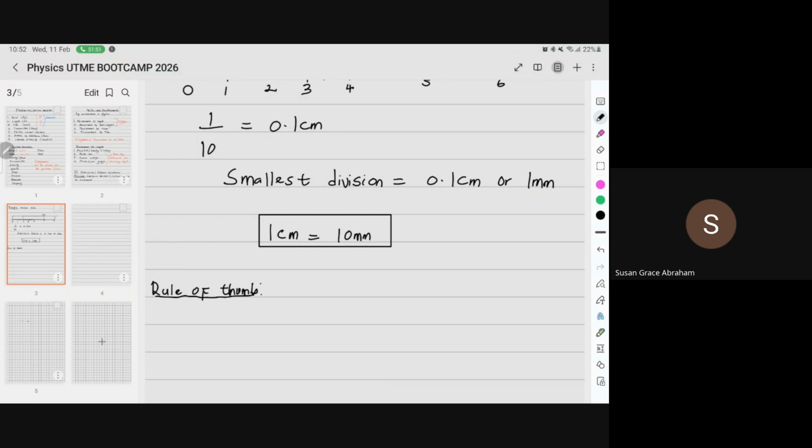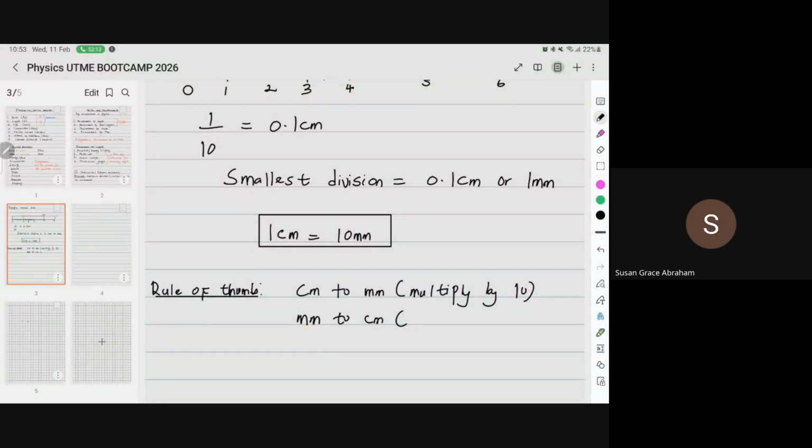Centimeter to millimeter, multiply by 10. Then millimeter to centimeter.